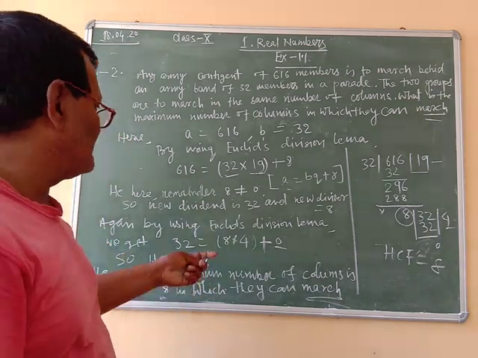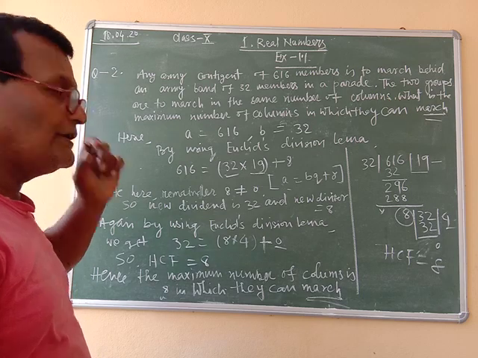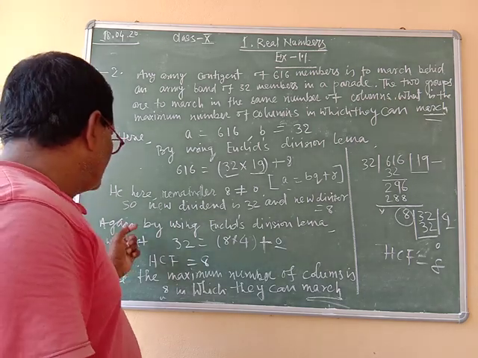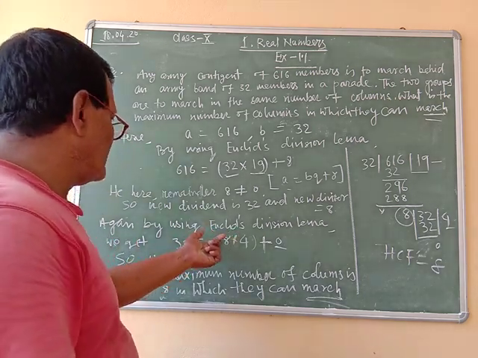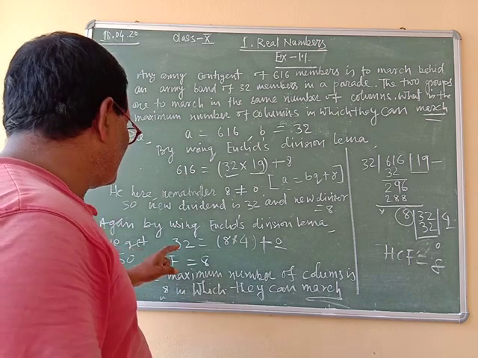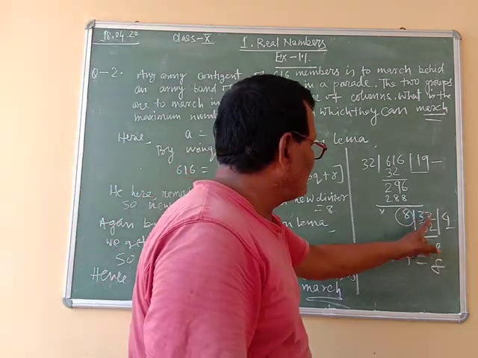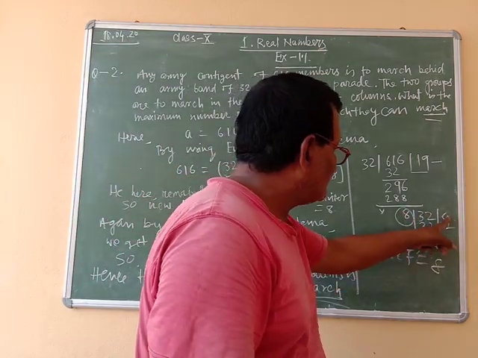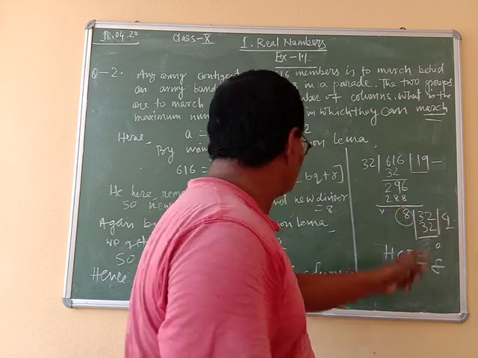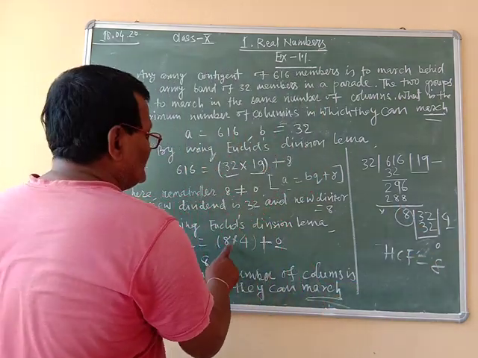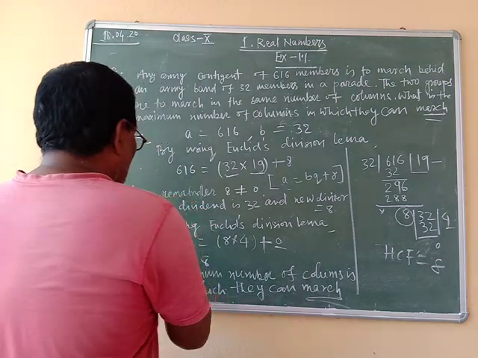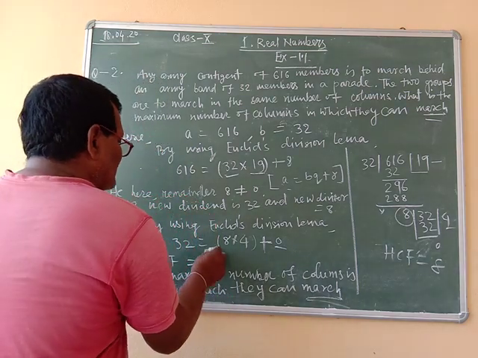But here remainder is 8, so we continue our process. Using Euclid's division lemma, we get 32 equals dividend equals divisor into quotient plus remainder. 32 equals 8 into 4 plus 0, so HCF equals 8.